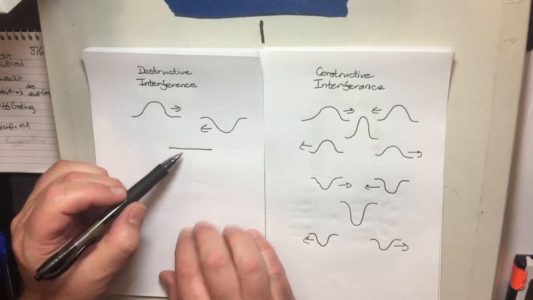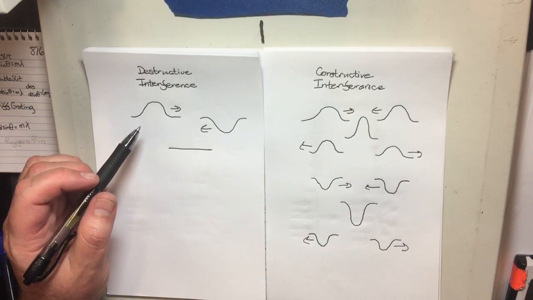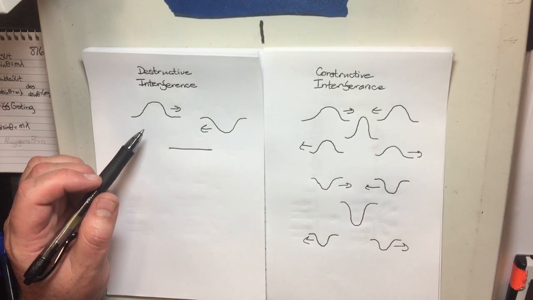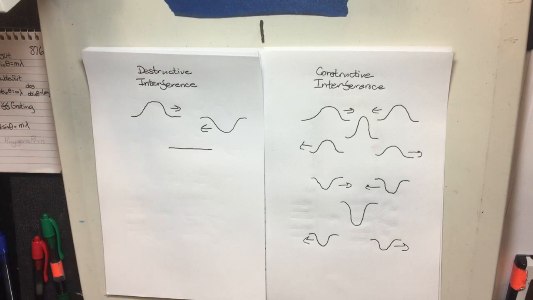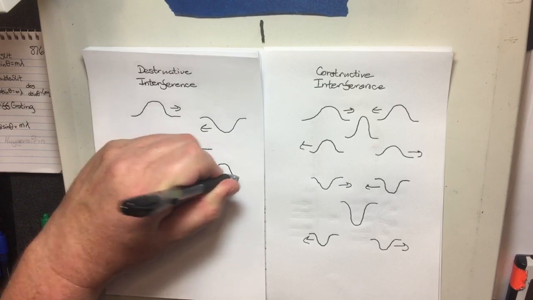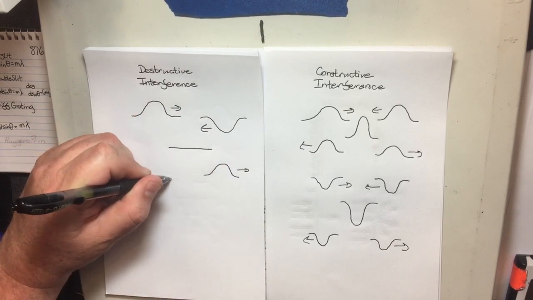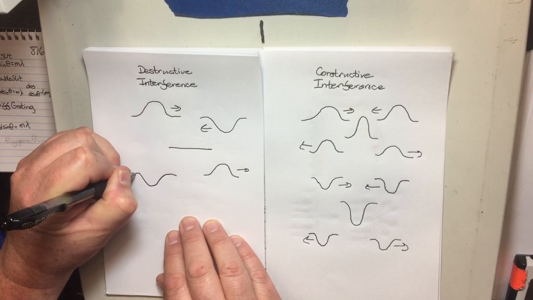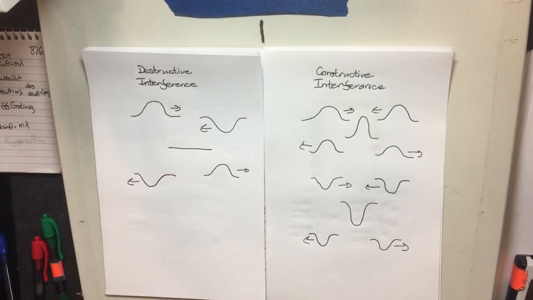Now, for one brief instance, those waves do exist, but the observable part is not there. And then once you have time, go on a little bit, the waves separate and reappear.